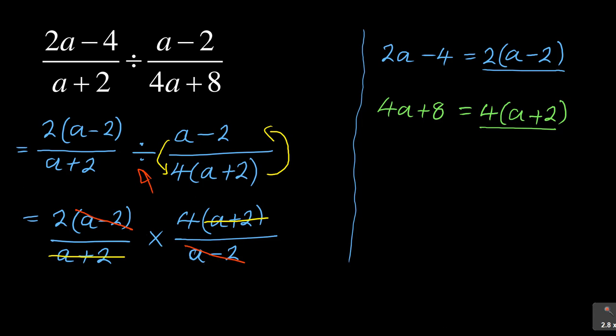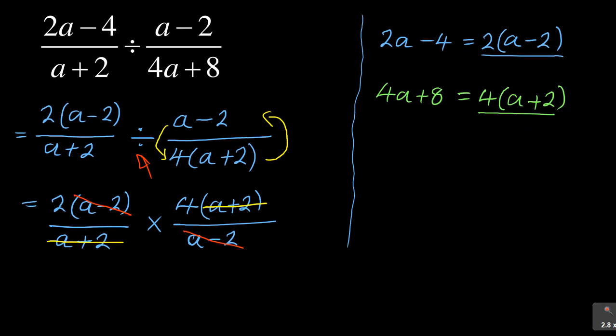When you have done that, you write what is remaining. In the first one, you have 2 remaining, and the others are 1 each. So it's 2 times 4, and 2 times 4 is 8. So that's how you do it.